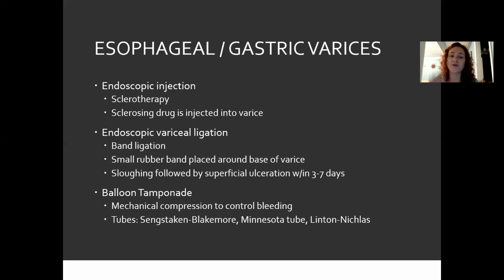We can also do an endoscopic variceal ligation, same way, through the mouth, where we put a band around that varice, around that vein, and it'll cut off blood supply to that varice and essentially cause it to die and slough away. That sloughing will develop into a superficial ulceration within 3 to 7 days and then can heal from there.